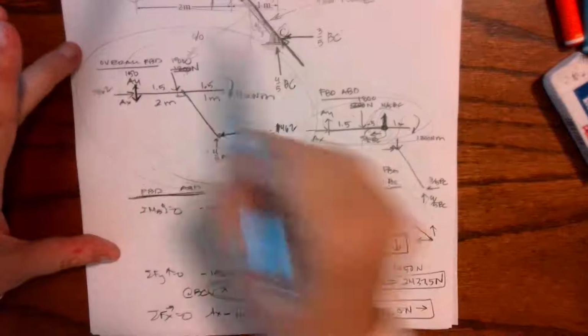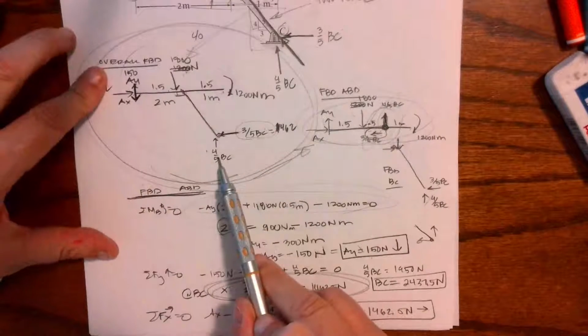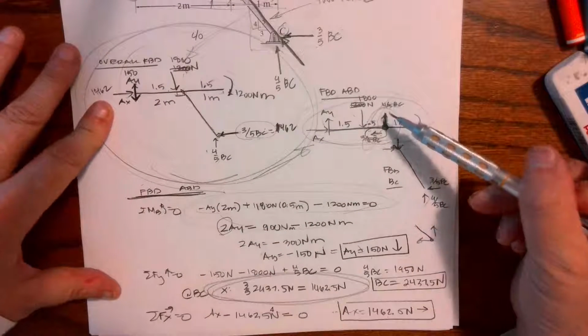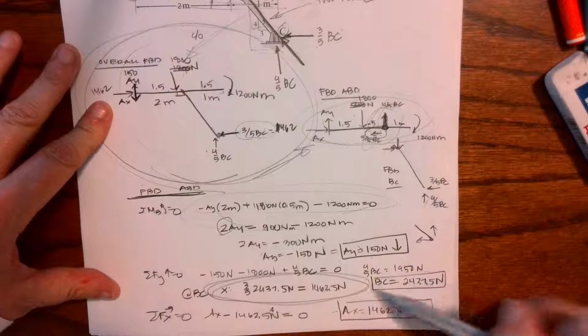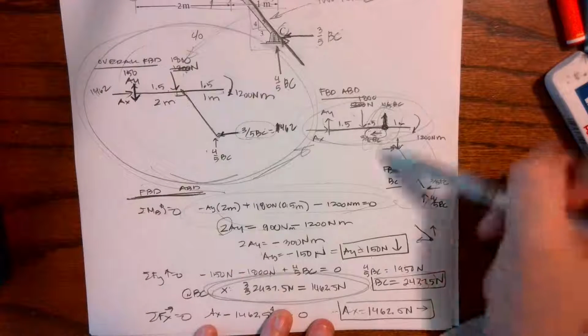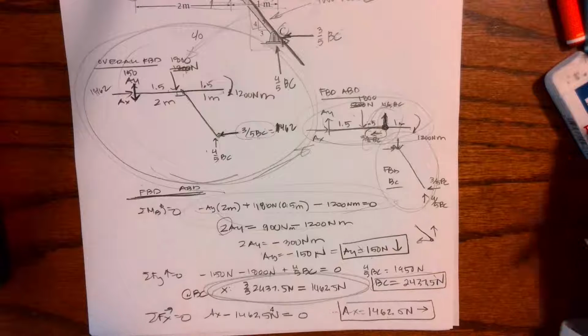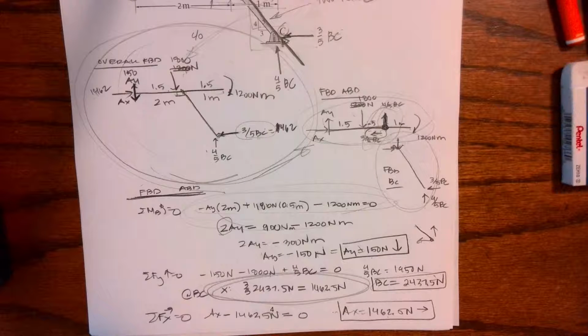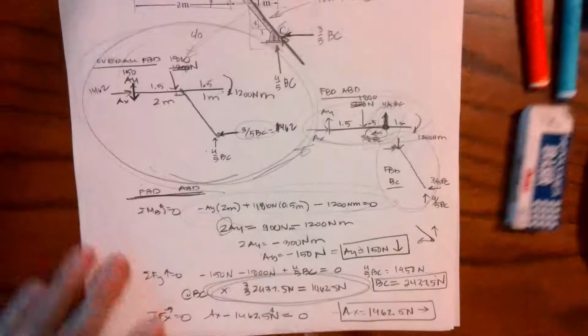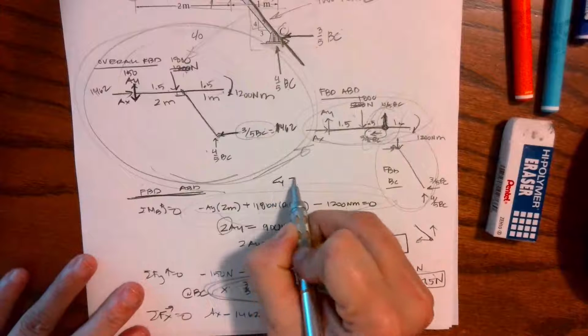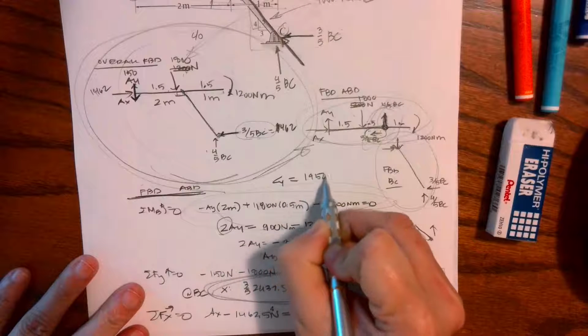I can look at the overall and sum forces in the Y direction. The Y component is 4/5 of BC. I could look at my 2-force member. There are multiple ways that I can look at this problem and see, am I getting the right answers? Am I not getting the right answers? What is going on? So I will tell you that CY equals 1,950 newtons.